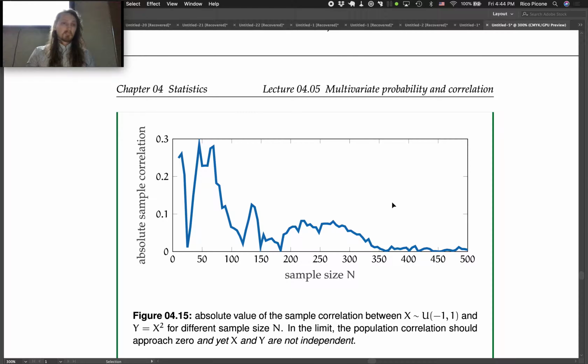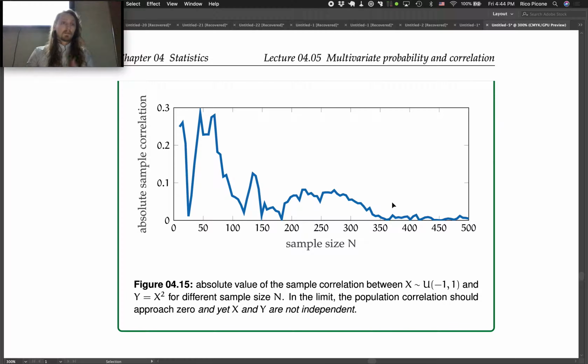They're actually not correlated, and yet we started out with a data set that was generated from the other data set. So y is generated from x. It depends on x, so they are dependent. They're not independent, and yet their correlation goes to 0. So that's one demonstration that you have to be careful, because not being correlated does not mean that those variables are independent of each other.